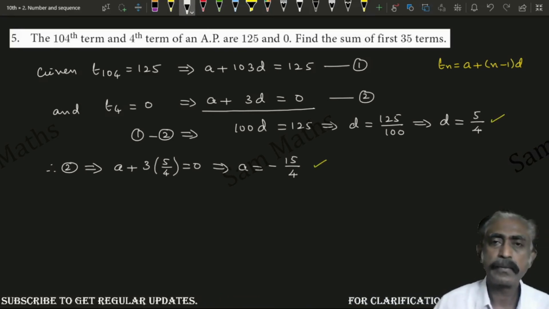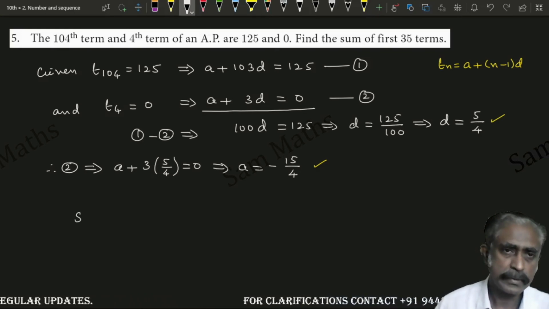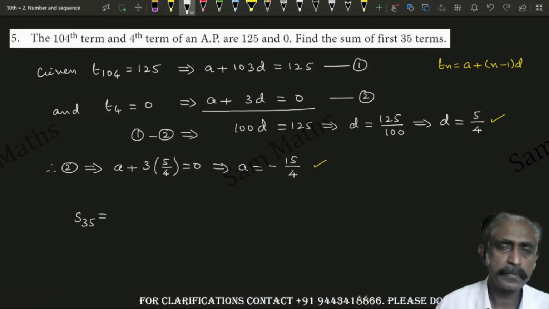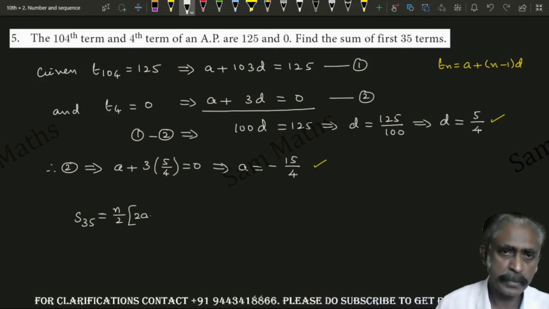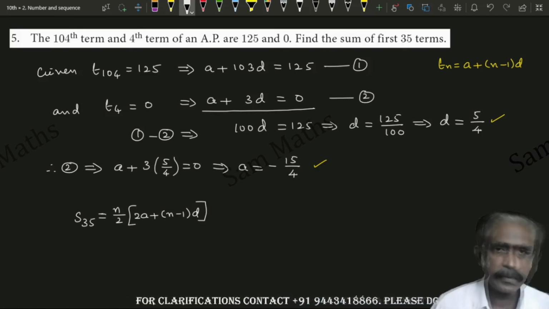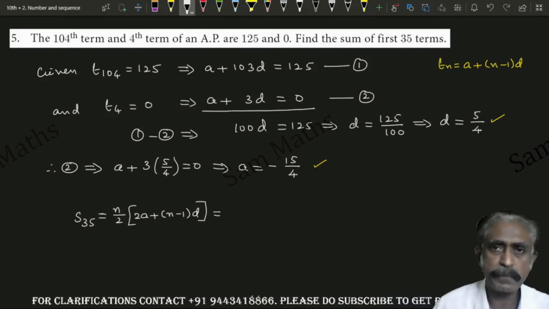Now we can go for S35, which is equal to n by 2 into 2A plus n minus 1 into D. So this is equal to, n value is 35.